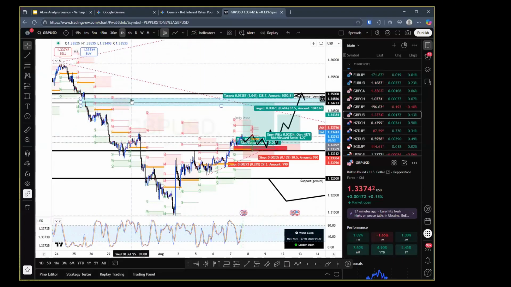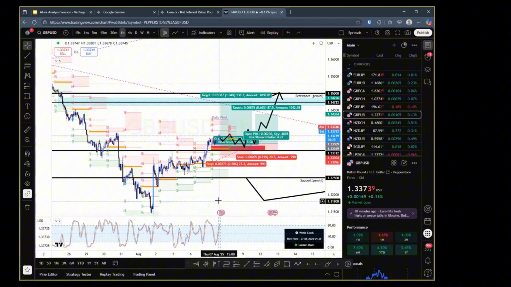So from a technical standpoint, with no external knowledge of macro or fundamental reasons, you're not going to find any buyers willing to pay this price to push price above. And when you can't find any buyers at this area, then price can only go in the opposite direction. All right, cool. Hopefully that answers your question.